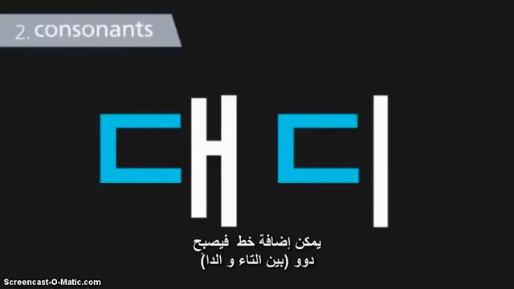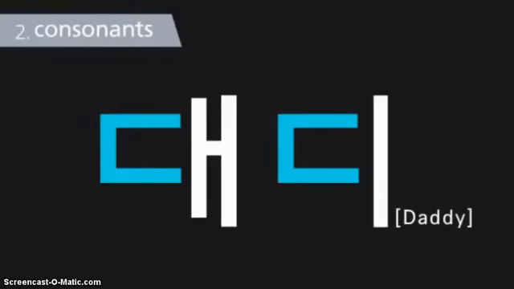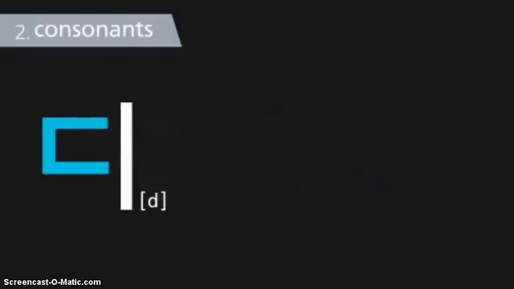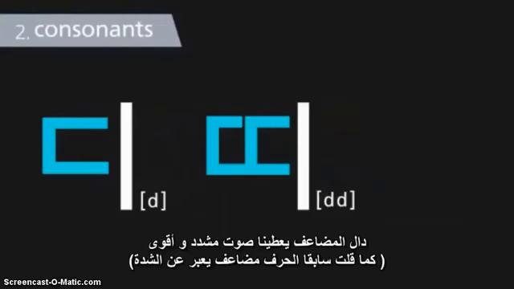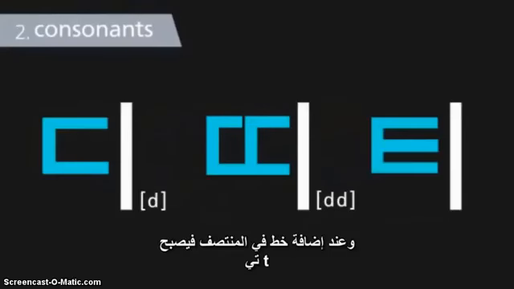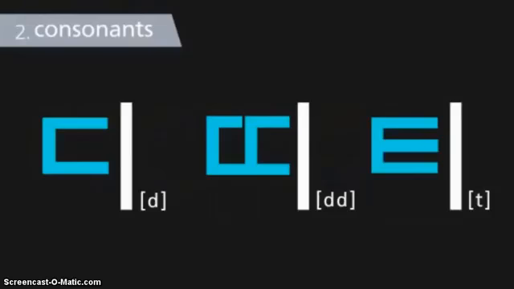You can draw a stroke which sounds do, and you can find it in a word like daddy. Double D makes the sound stronger. And when you draw another stroke in the middle, it goes T.